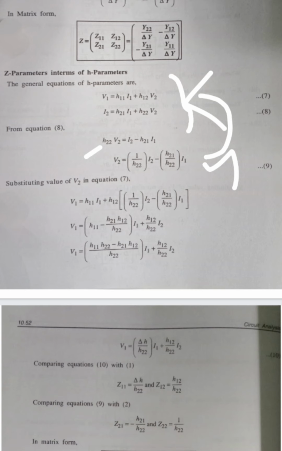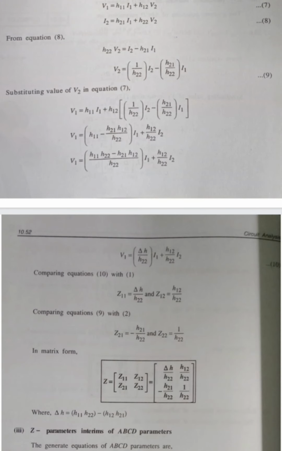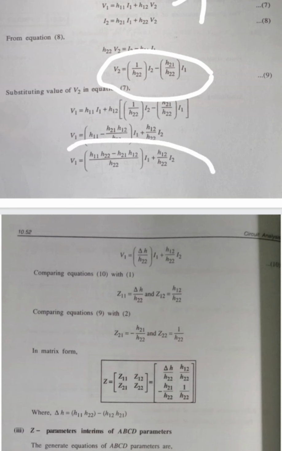So from the second equation we find v2, and substitute it in v1. So you got the v1 equation. And next, v2 is already found, in terms of I1 and I2. So it is not a problem. We substitute v2 in v1, bring it to I1 I2 form, and find the value of v1.